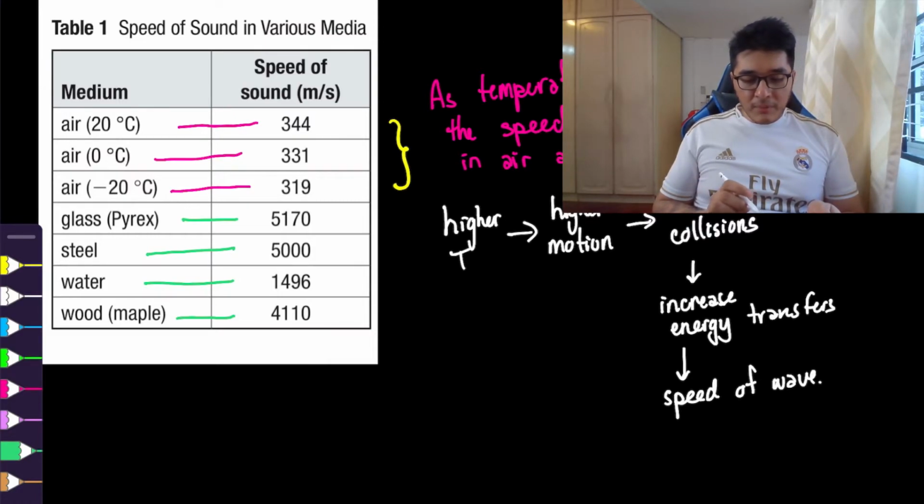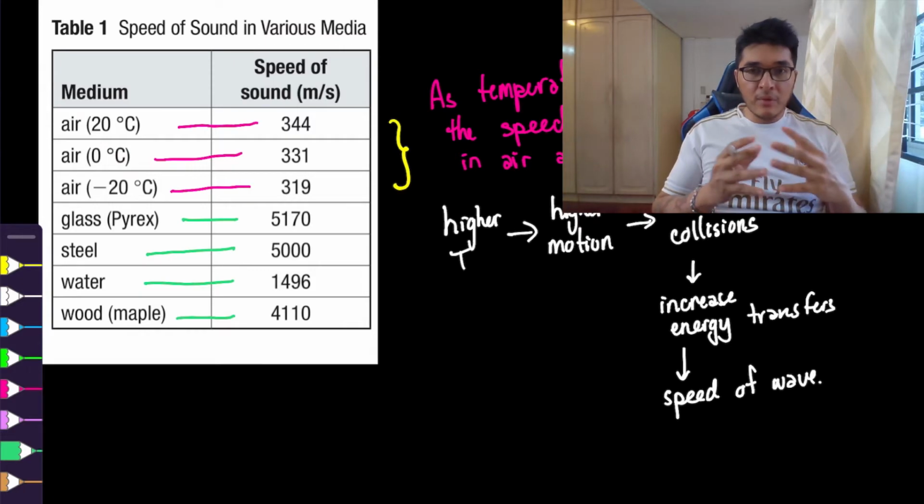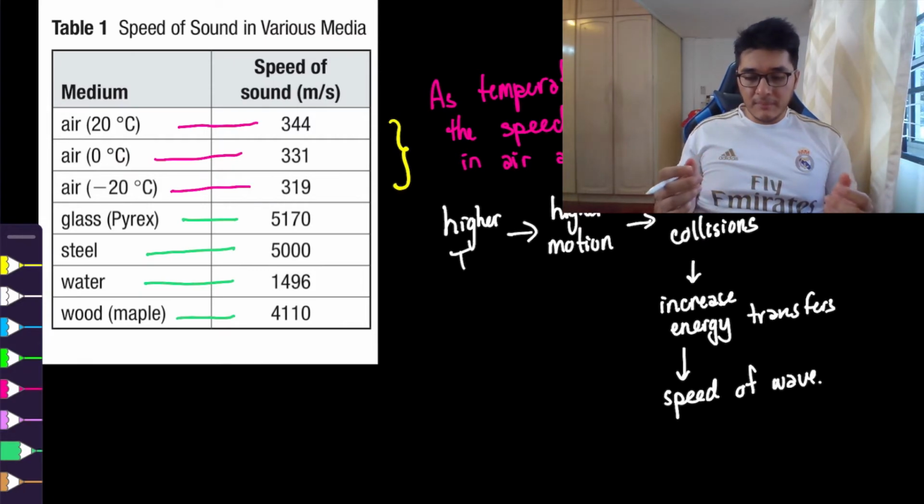But anyways, what do we notice here? Well, glass is a very dense material because it's almost like sand being very close together. And then wood and steel have less density.